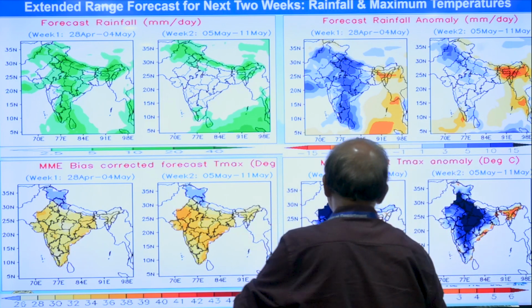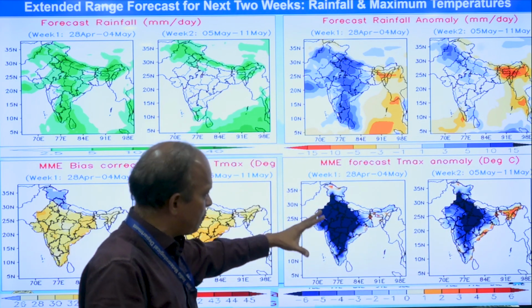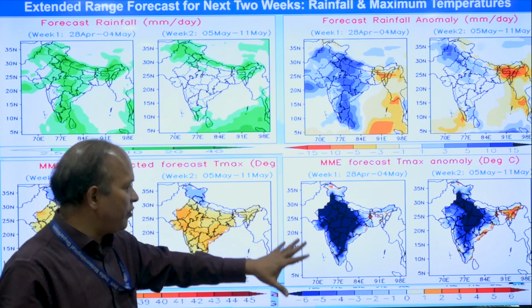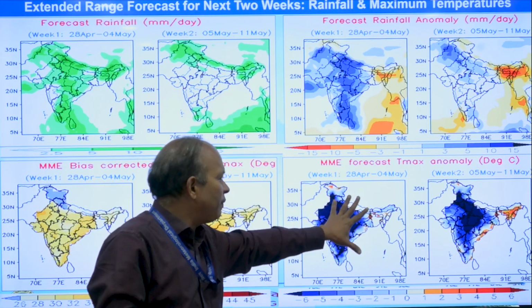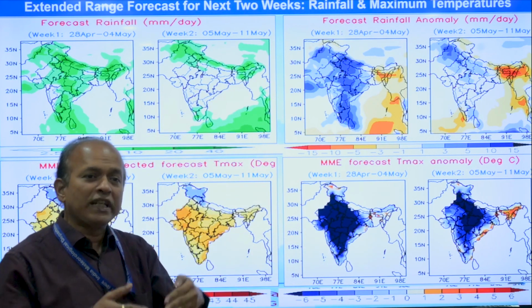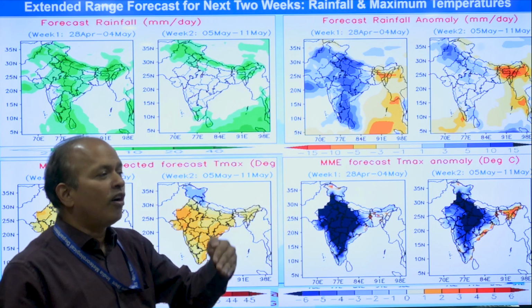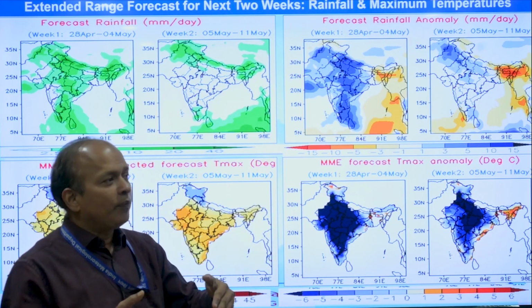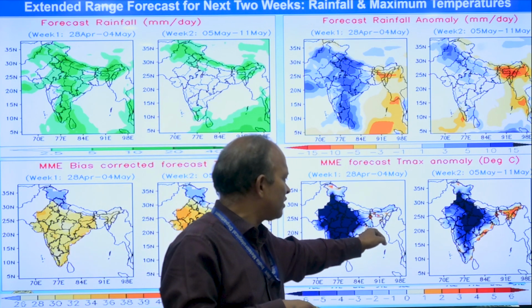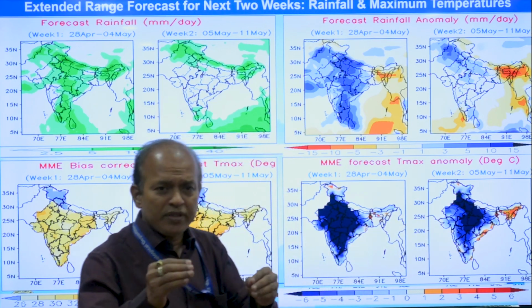More interestingly, the departure shows how the temperature is with respect to normal. Here it is mostly below normal, a negative anomaly, so the maximum temperature is also expected to be below normal. That is why we are not expecting any heat wave, except some isolated pockets over the eastern coastal region and northeast region, where there may be some high temperature.